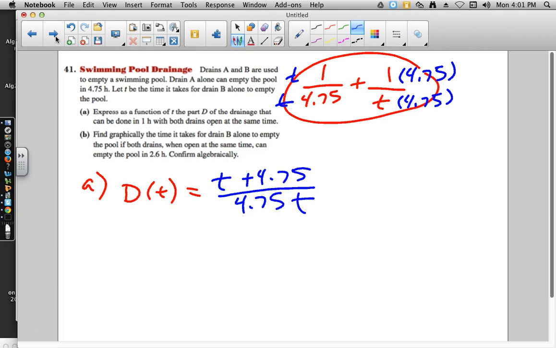Then, let's see what else we have here. For part B, it says find graphically the time it takes for drain B alone to empty the pool if both drains, when open at the same time, can empty the pool in 2.6 hours.